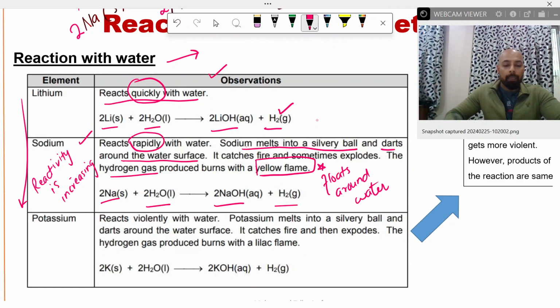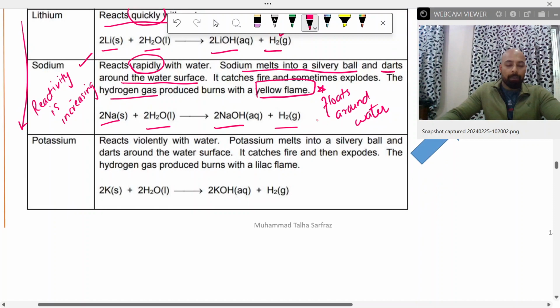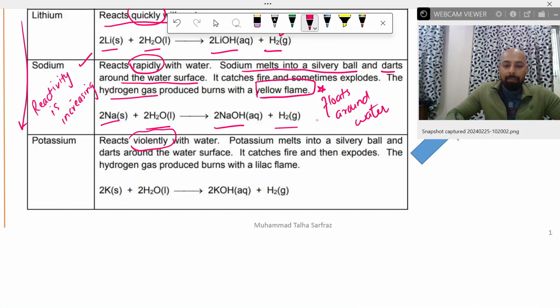Then the third one, potassium, is quite similar. It reacts violently with the water; only the word changes from rapidly to violently. It melts into a silvery ball and darts around because its density is less than water. It catches fire, then explodes. The hydrogen gas produced burns with a lilac flame.